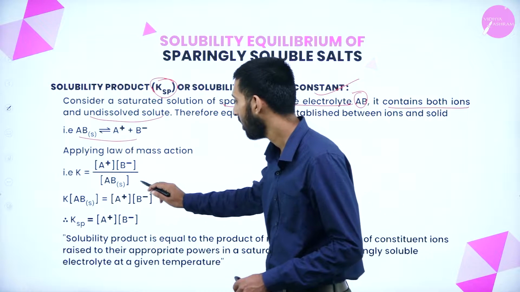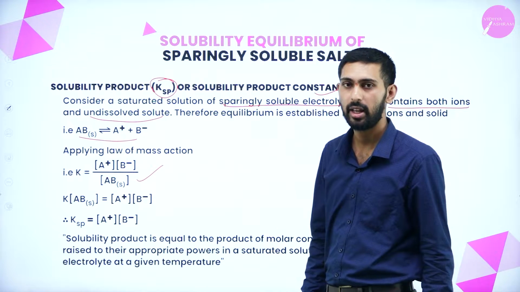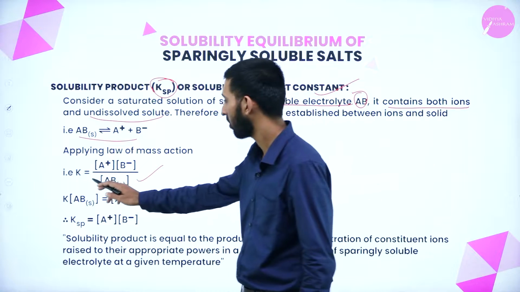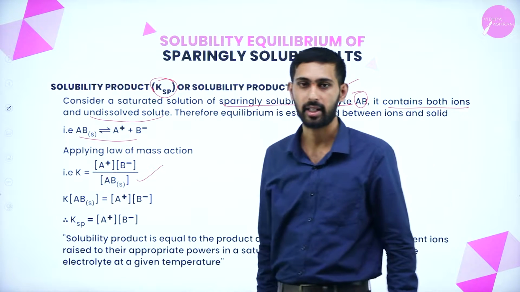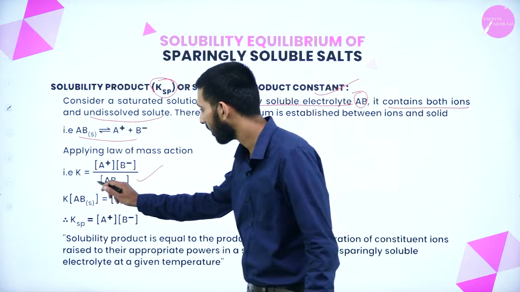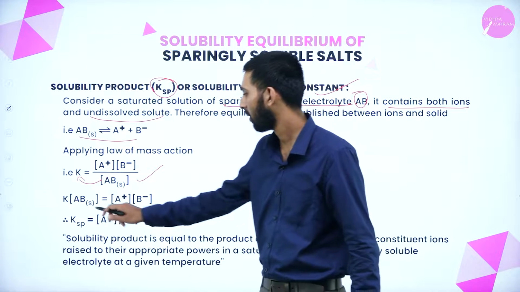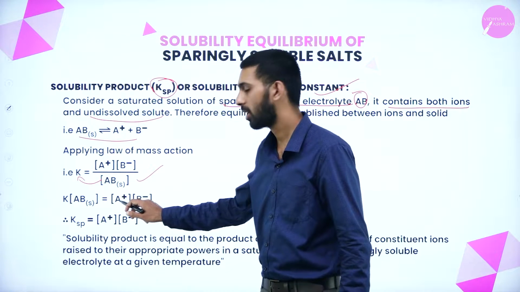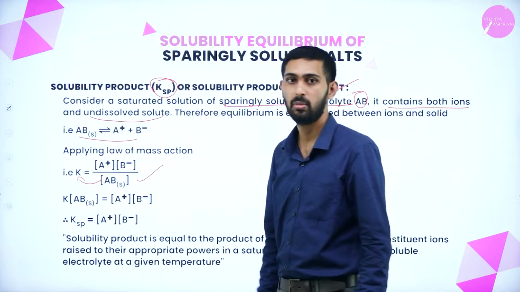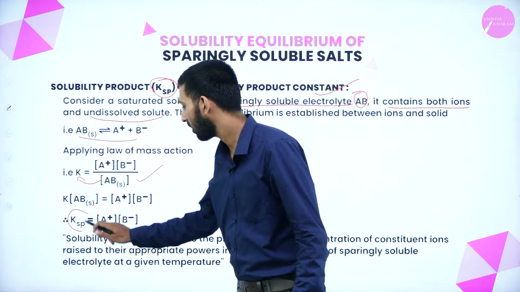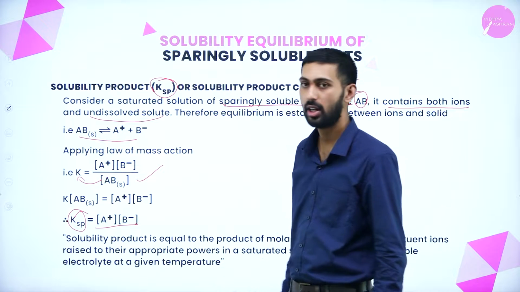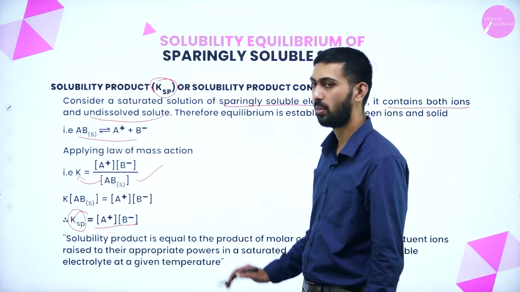Now, let us apply the law of mass action. K is equal to products divided by reactants. Let us take this AB to the left hand side. K of AB is equal to concentration of A plus ion and B minus ion. So KSP is equal to concentration of A plus ion times concentration of B minus ion.